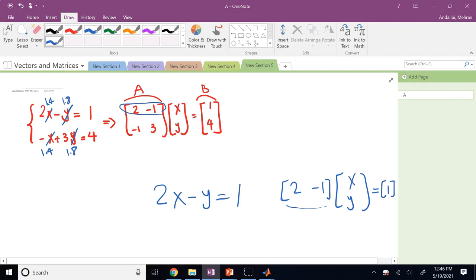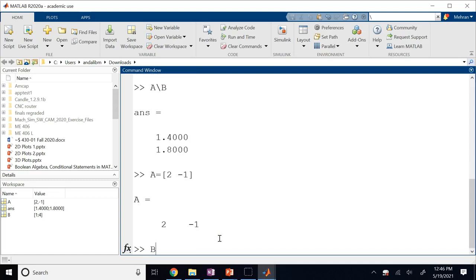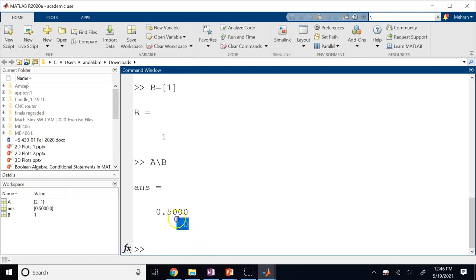So what happens if I use that as A and this as B and I ask for a solution? Let's try that. So A here is 2 and negative 1 and B here is simply 1. And I say A back slash B. You see, it still gives me a solution, right?